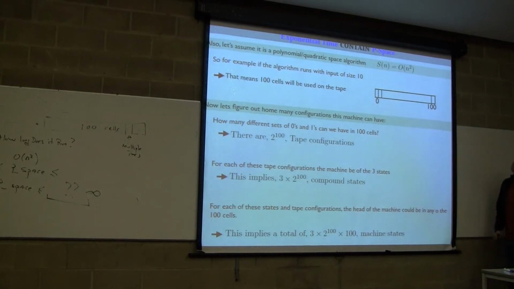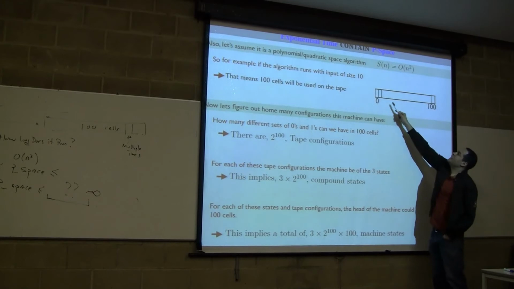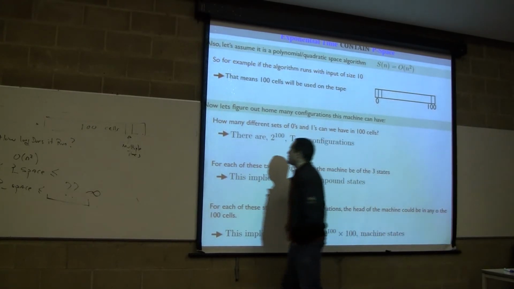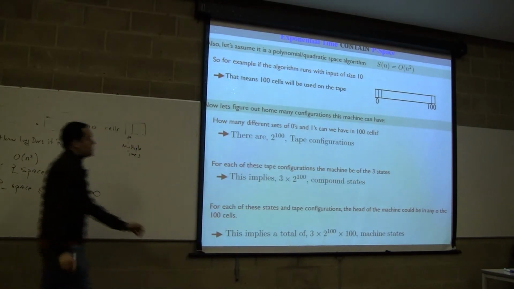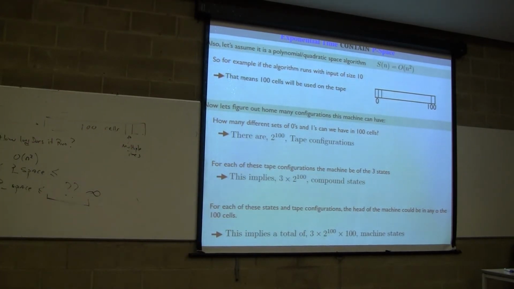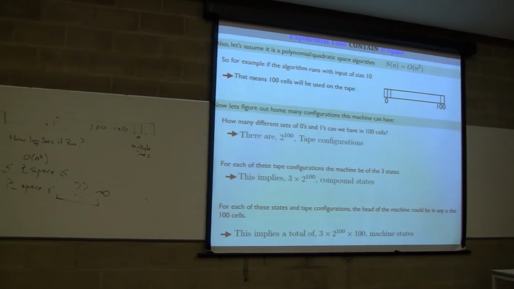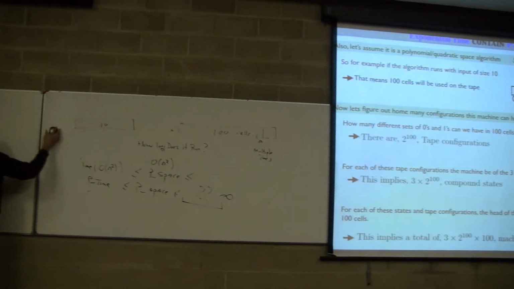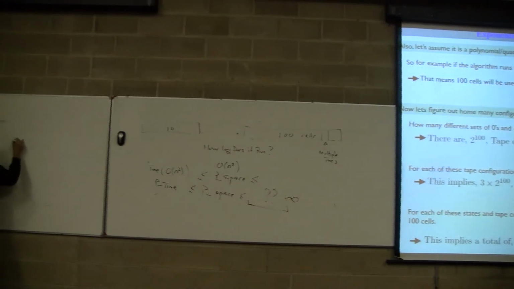And on top of that, once I've set up my tape configuration, we know that the system can be in any of the 3 states. So maybe I should write it here such that you see what's going on. I'm trying to define the configuration of the machine. So this is the configuration.